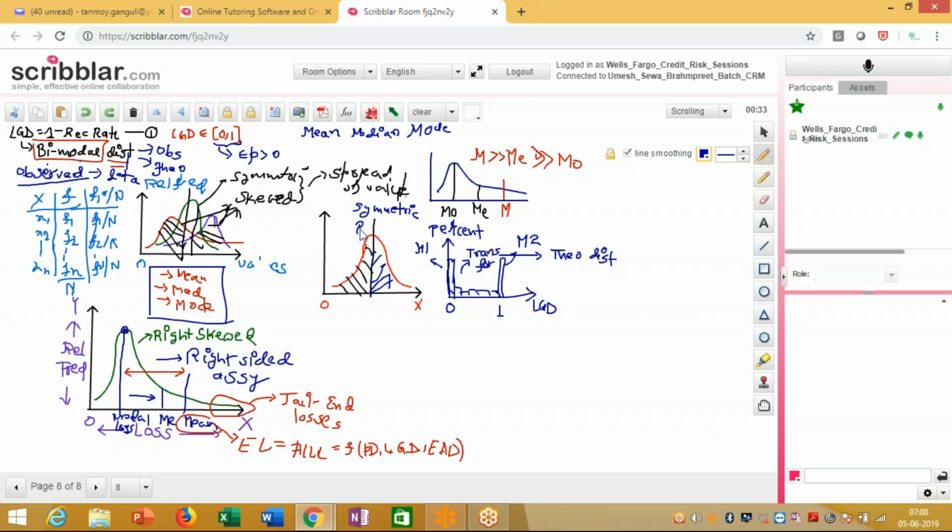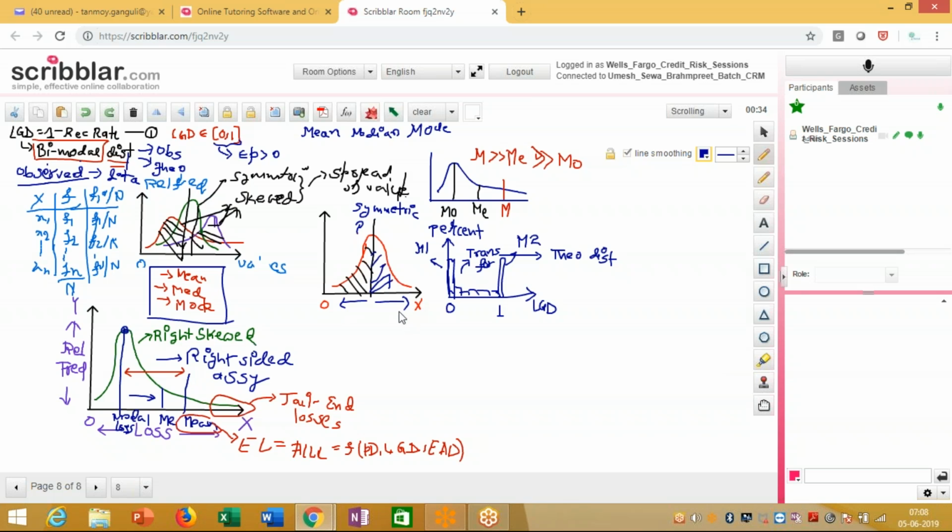So over here, the first question that we need to understand is two things. Number one, what is the importance of a symmetric distribution? Why do we need a symmetric distribution? First of all, let's start with the symmetric distribution case. The moment you have a symmetric distribution, the left hand side and the right hand side become very similar.